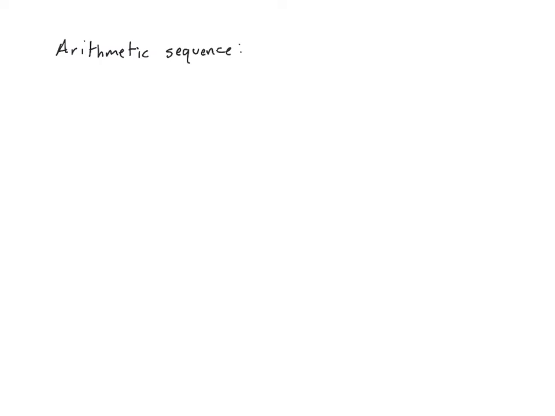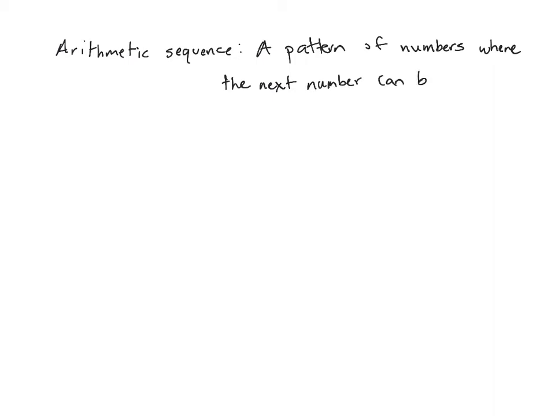An arithmetic sequence in particular is a pattern or sequence of numbers where the next number can be found by adding what's called a common difference.